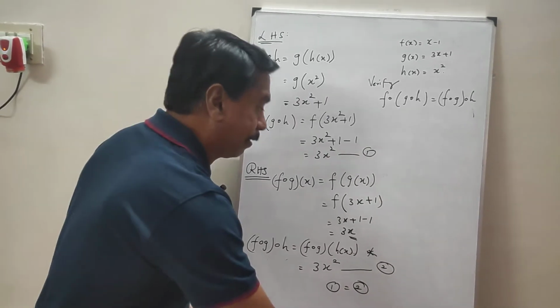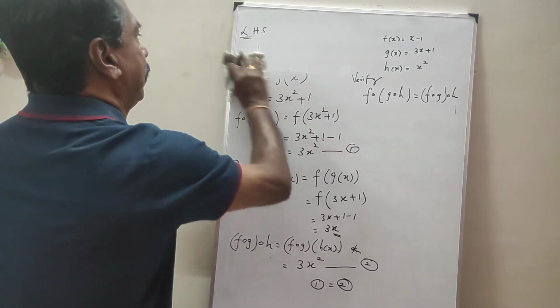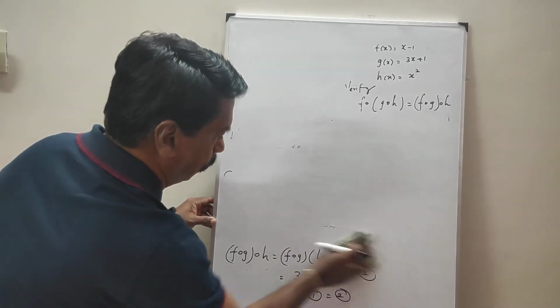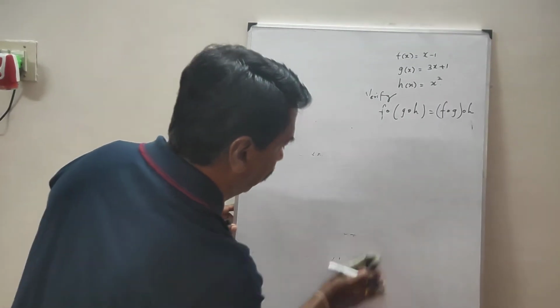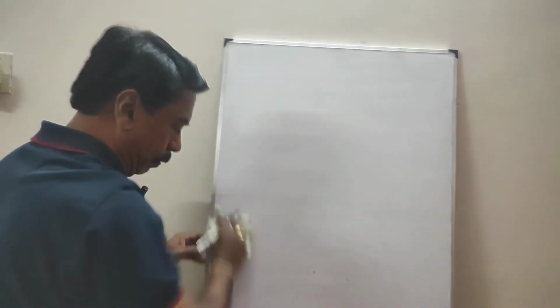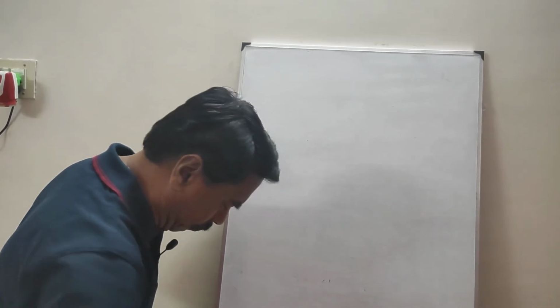Let me complete this exercise by giving another sum, which always comes as a 2-mark question in most of the papers, in most of the exams. Not difficult, it is easy only. I'll give one of the sums from the textbook exercise.